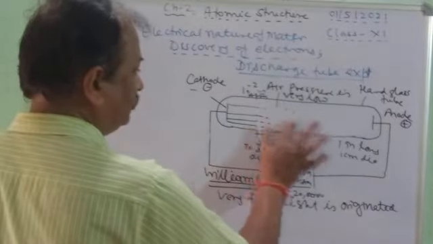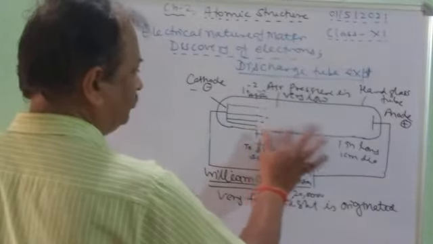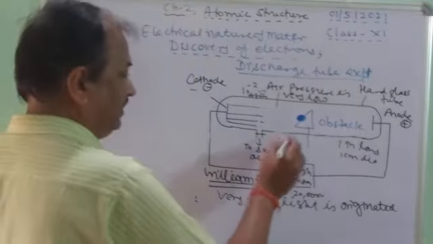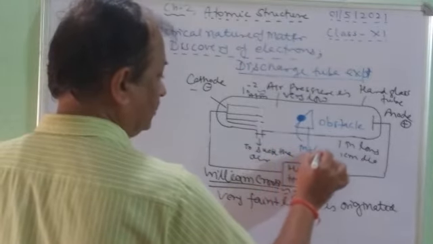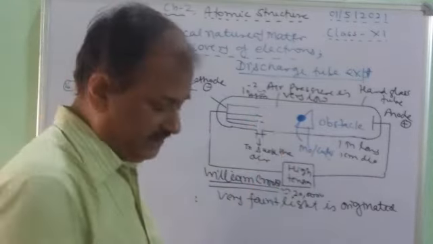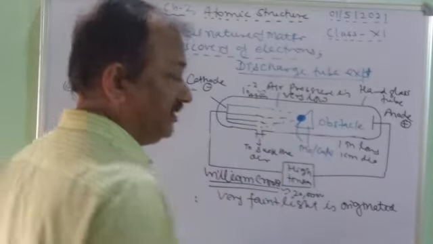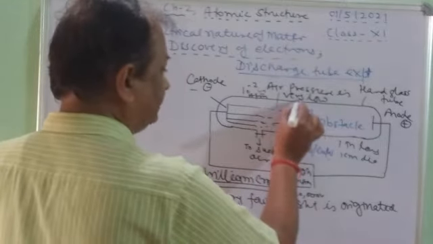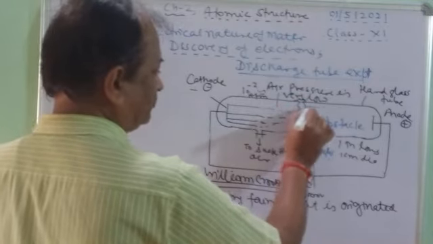So if you put an obstacle here, and it has a circle of hard metal like molybdenum or copper or tungsten, and the rays are concentrated onto it, the rays fall on the metal piece present on the obstacle. So there is generation of X-rays.